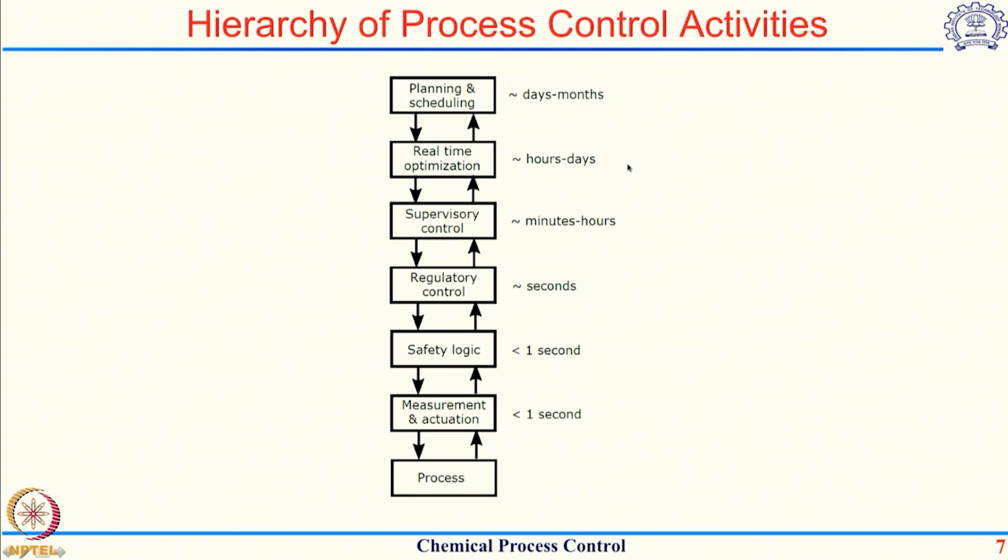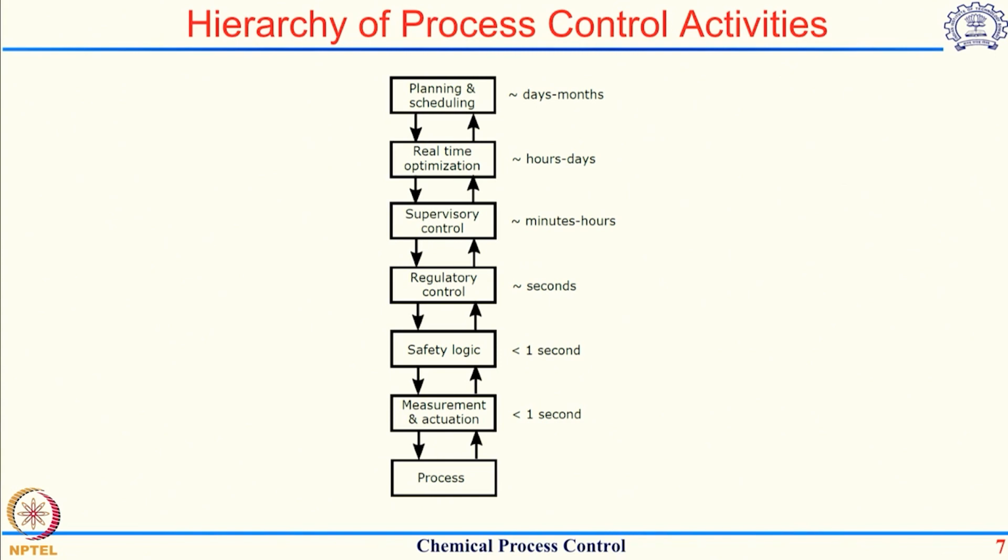Then there are other advanced control strategies on top of that, which subsequently ensure additional objectives. Primary regulatory control tries to ensure the basic objectives of the control system, and as you go higher up the hierarchy, you move towards making more profit out of the plant.